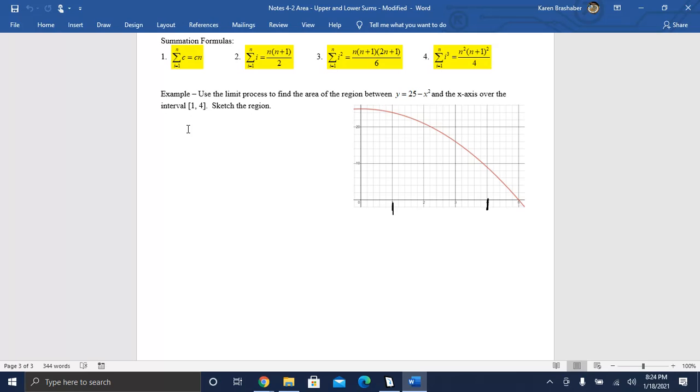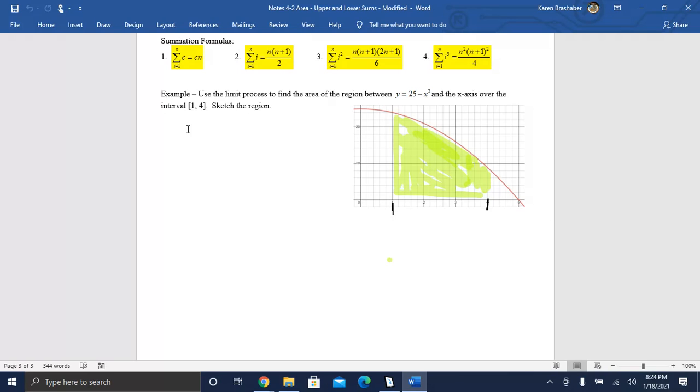So we're actually finding the area of this shaded region right here, going from 1 to 4. And notice that I'm not giving you any rectangles to work with.